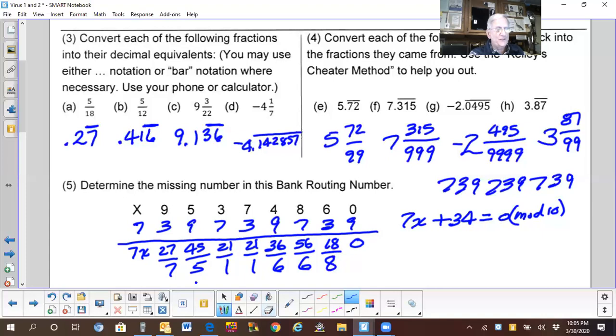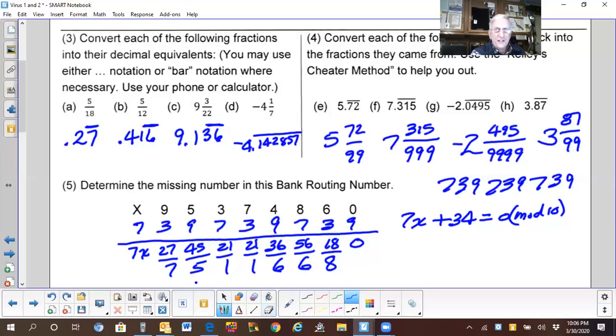Well, I think you can see for 34 to end in 0, whatever you multiply 7x to be, or when you multiply it out, it has to end in a 6, because 34 and 6 would be 40, which would be 0 mod 10. So if I have to have 7x end in a 6, what number times 7 ends in a 6? Well, 7 goes into 56 8 times, right?